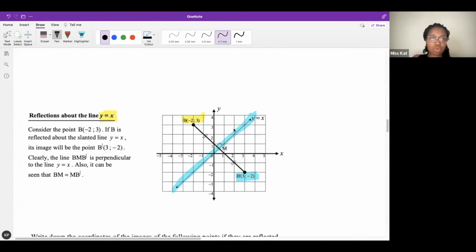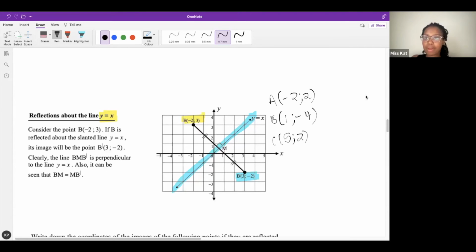If I say reflect the following points on the line y equals x, let's say I have A, -2, 2, B, 1, -4, and C, 5 and 2. Reflect these points along the line y equals x.